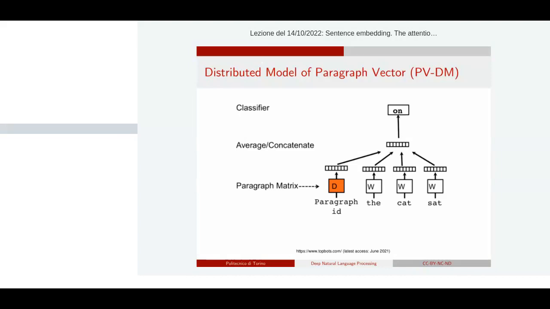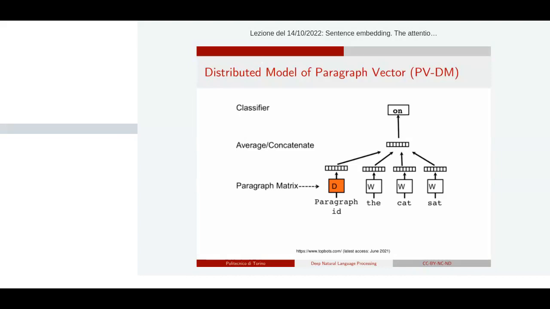Secondly, we have this element colored in orange, which is the most important part, because it is called paragraph ID. It is a special word identifying the paragraph to which the words in the context window belong. So you index the input text to each paragraph, to each sentence.